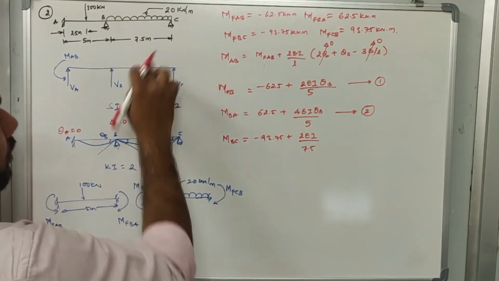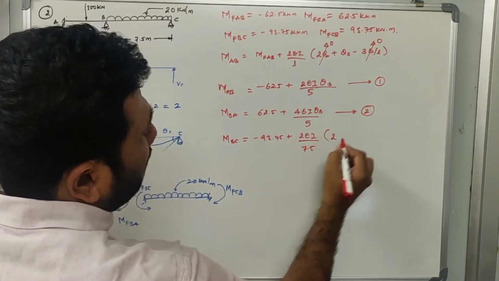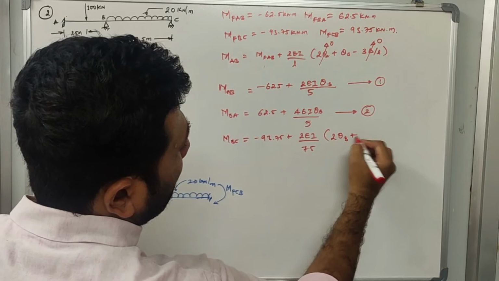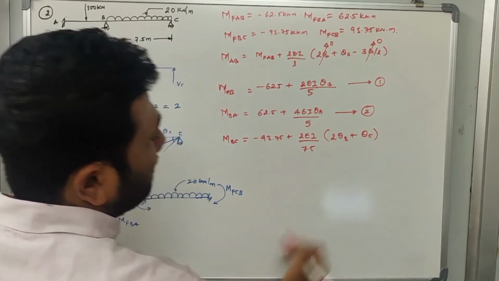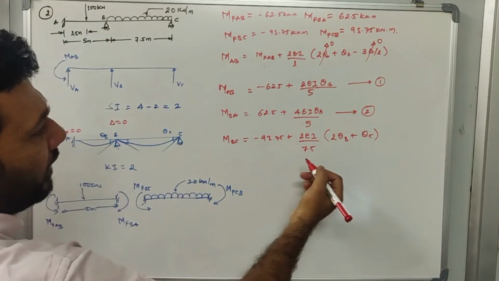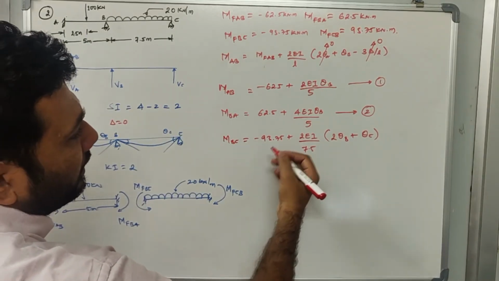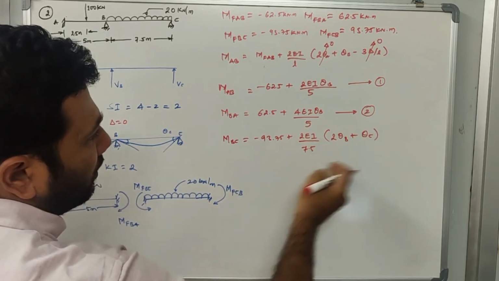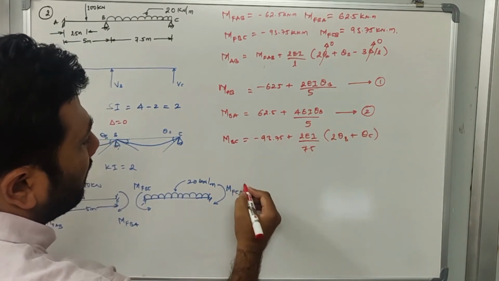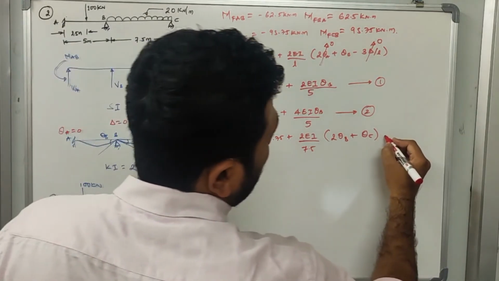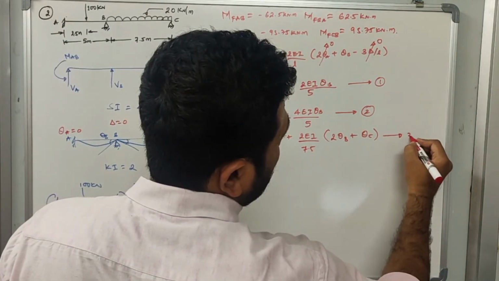Next, 2 theta B plus theta C. This is the equation I will get for the third, or else you can further simplify and write the value in terms of EI theta B and EI theta C. I have written till here. Let me call this my equation 3.